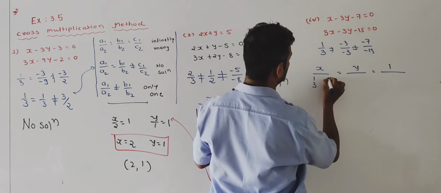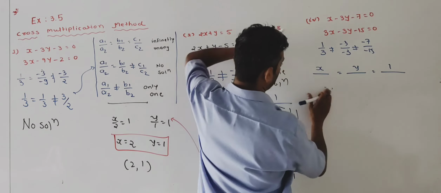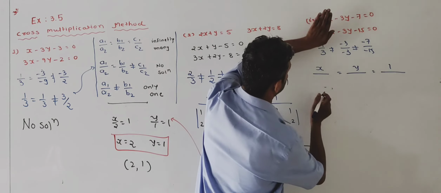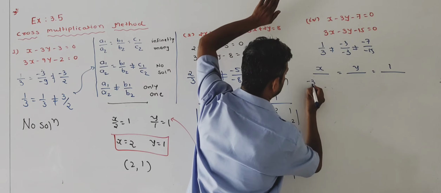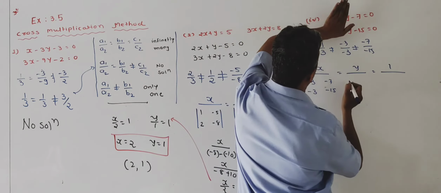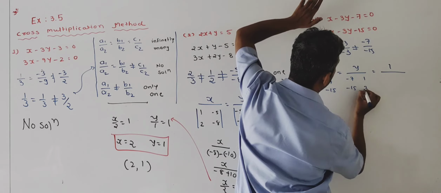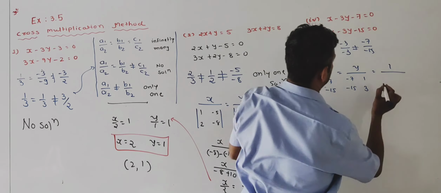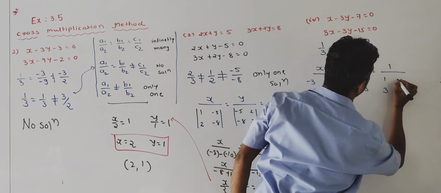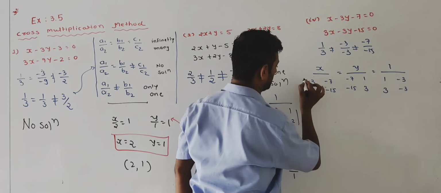Now again I made a mistake: minus 3 minus 3, minus 7 minus 15; for y, minus 7 minus 15, 1 3, and for 1, 1 3, minus 3 minus 3. So this is called a determinant.